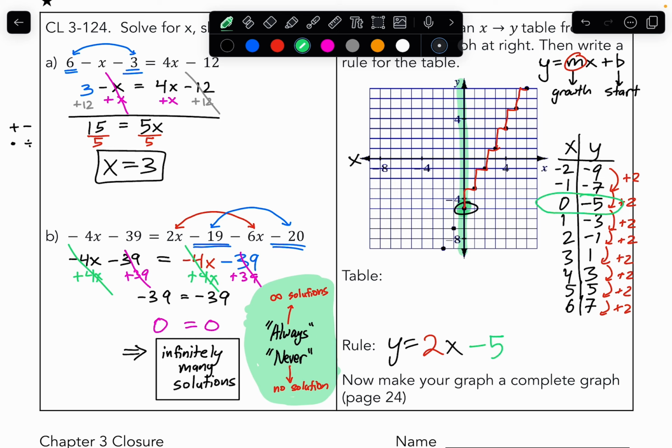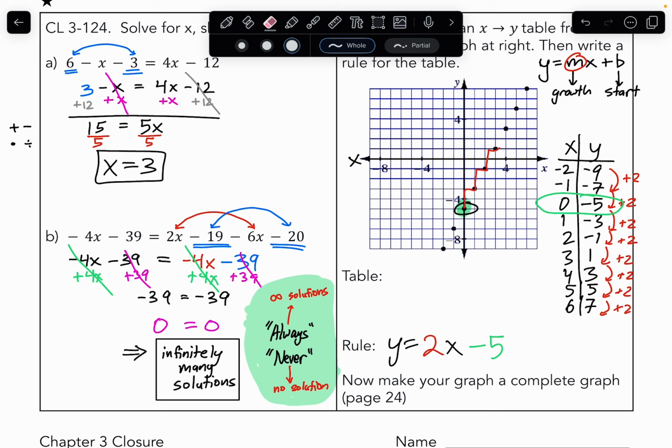Or just -5. Okay, it says now make your graph a complete graph. I think I might have forgotten this one. So the two things that we really wanted to add onto this: we already have the x and y labeled. That's great. We already have the scale labeled. That's awesome. We just need to add a line that extends all the way across my graph.